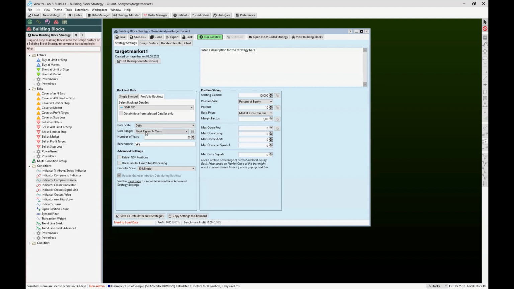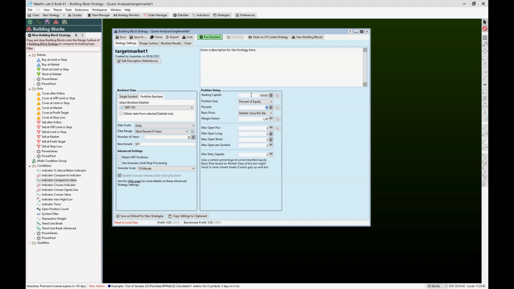And this is our data range, our observation period, let's say 20 years. So this is puzzle piece number 3, the portfolio, the underlying. And here comes piece number 4, the position sizing.